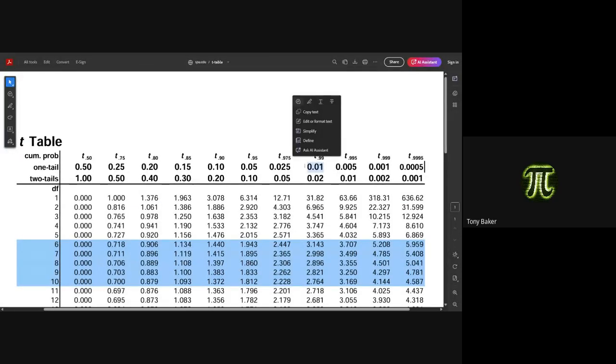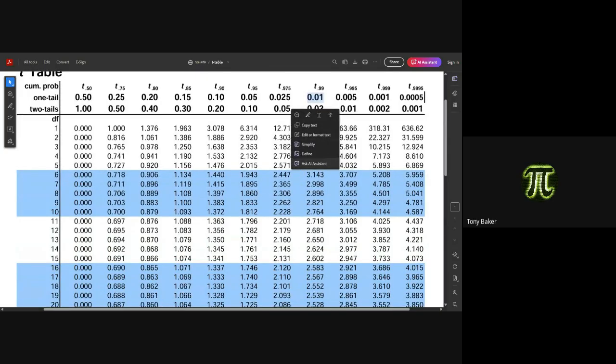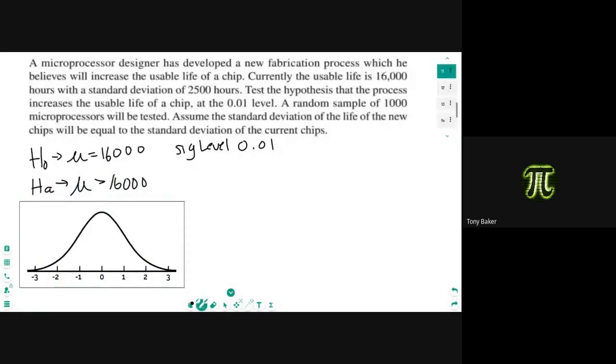So we're at this point right there. This one says assume the standard deviation is the same.